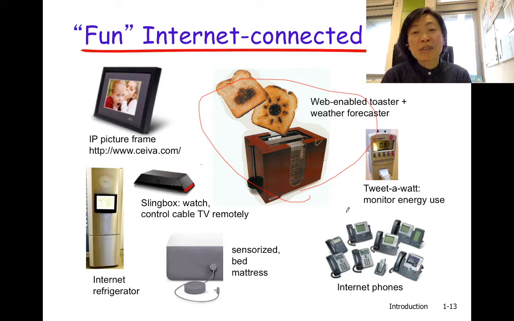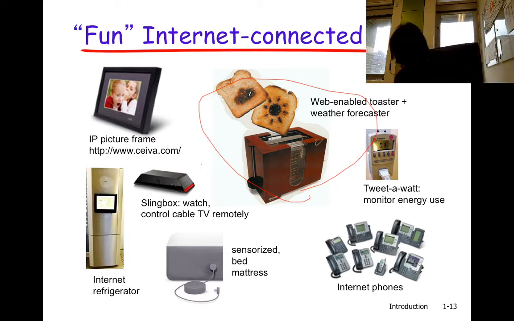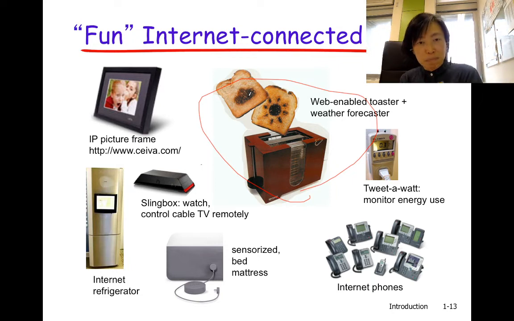It's connected to the internet so that it can download the weather information from forecasting services. For example, this toast here indicates today it's going to be sunny. If you see a toast coming out this way, that means it's going to be cloudy. And for today, it's going to come out rainy, I guess. So it's a cool gadget.